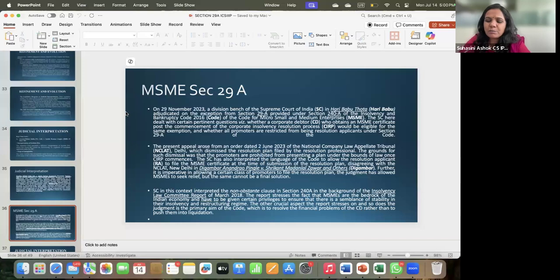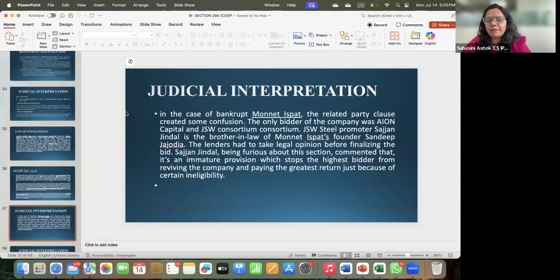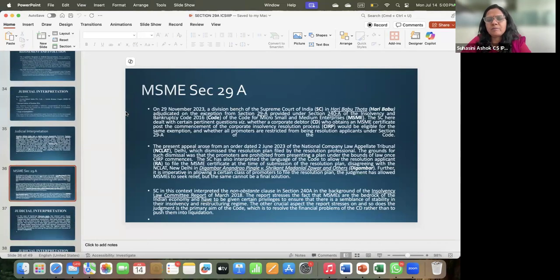The committee stresses more on the resolution and revival of the company rather than going into liquidation. So in this case, they allowed the MSME promoter to take the MSME certificate during the CIRP process and submit the plan.